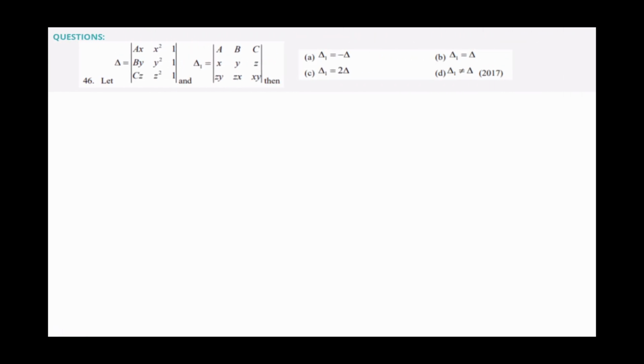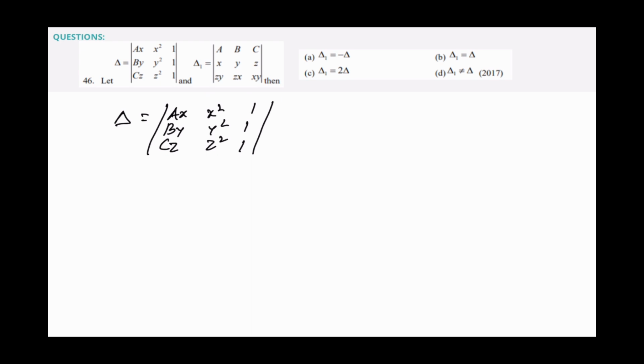Now let's see this question. Good question. Here, checking by options is very difficult because almost similar values are there. So delta is equal to the determinant with rows a, b, c; x squared, y squared, z squared; 1, 1, 1.